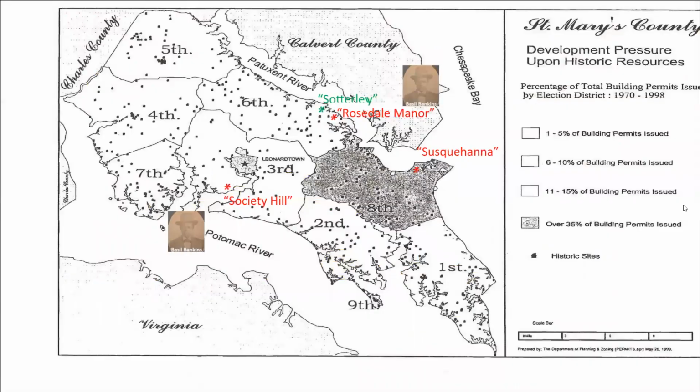If we look at some of the geography, Edmund says that Society Hill was located outside of Leonardtown in St. Mary's County in Southern Maryland. And that's where Basil Bankins was born. He was sold for $1,000 from father to son, where then he moved to Rosedale. Rosedale is off of the Patuxent River, where Society Hill was off of the Potomac River.